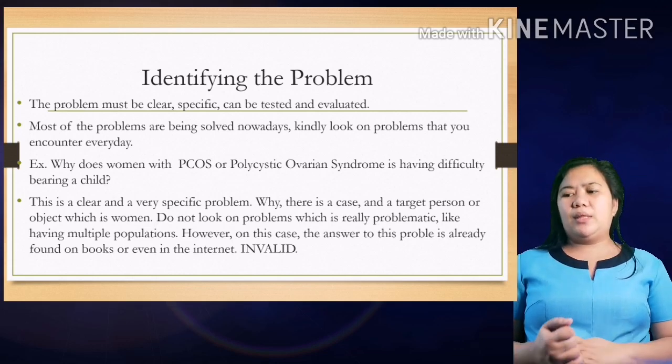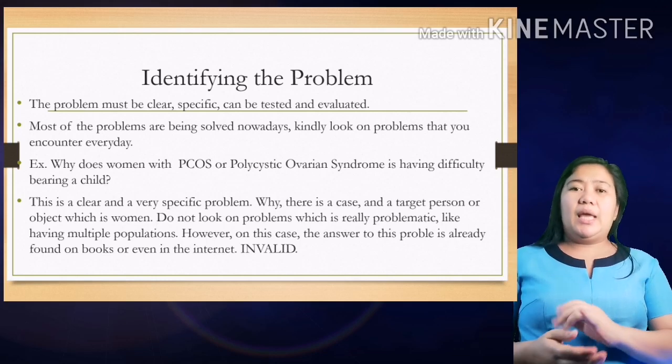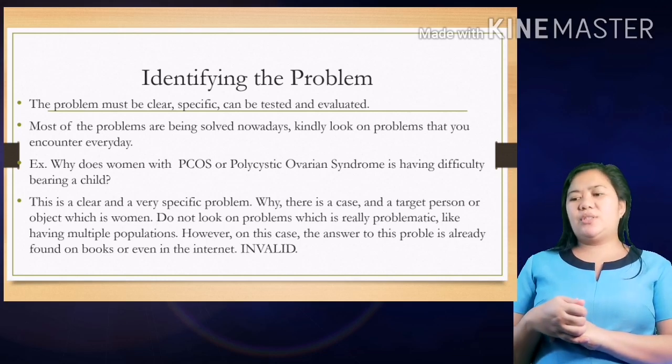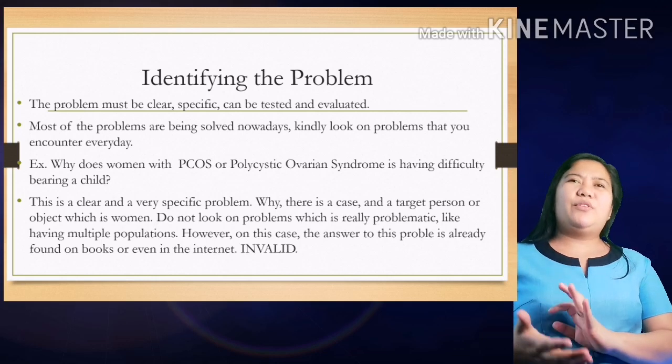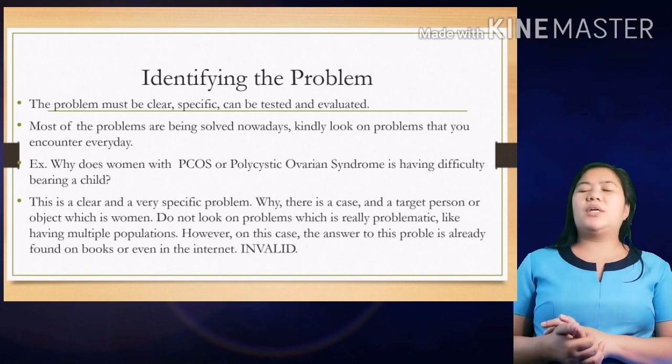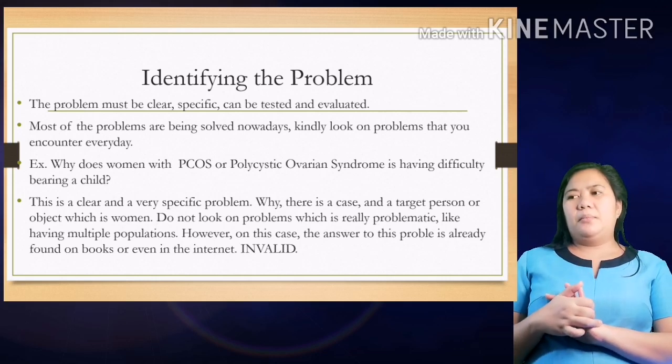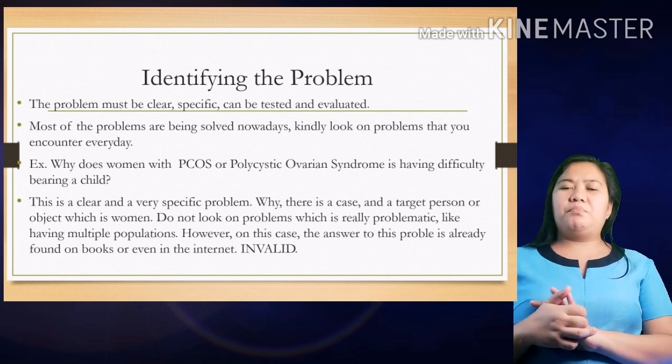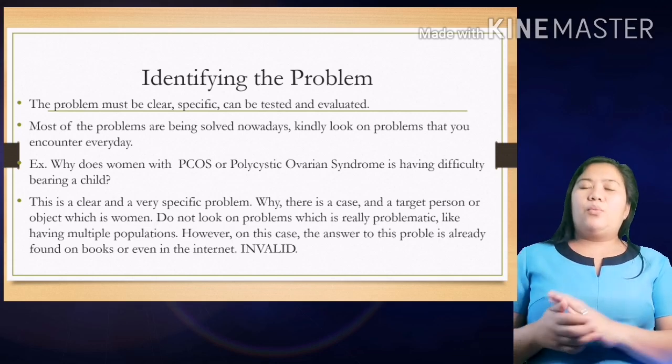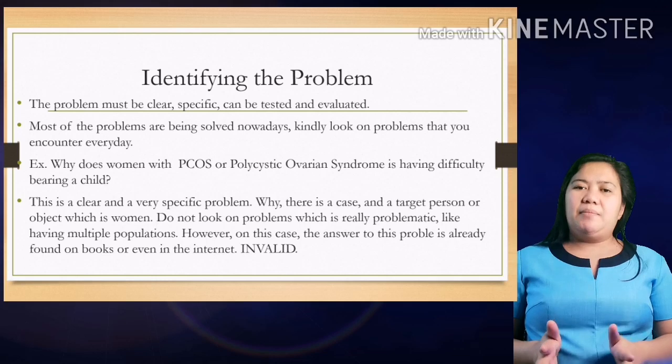You could limit that by age. Let's say you're only focusing on 25 to 30 years old. What are the effects of having PCOS within that particular age limit?